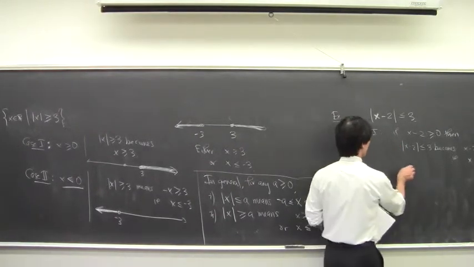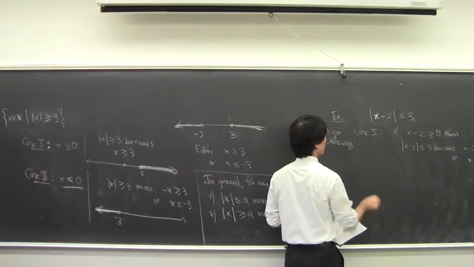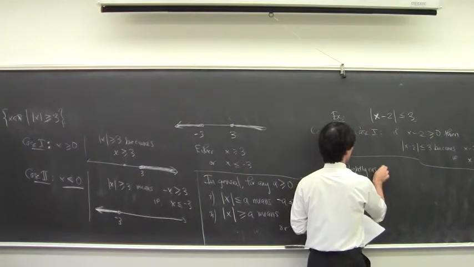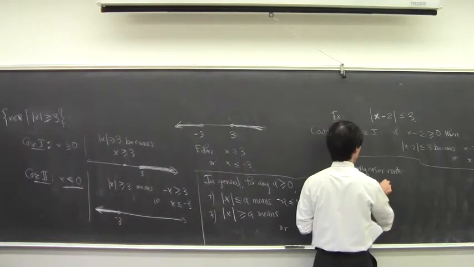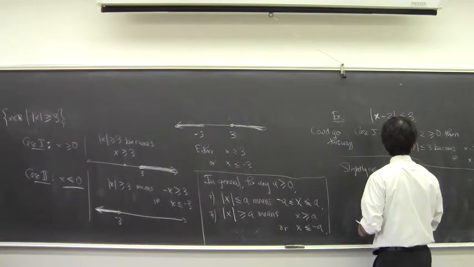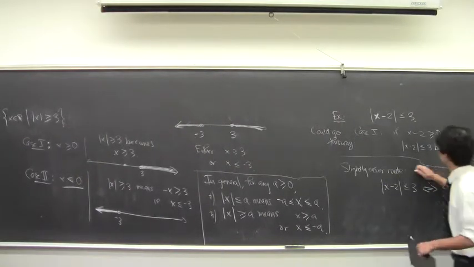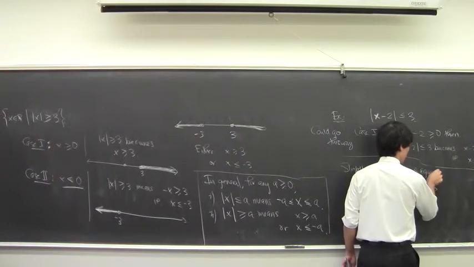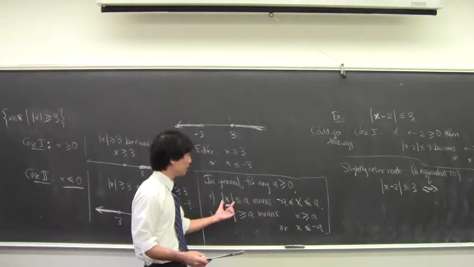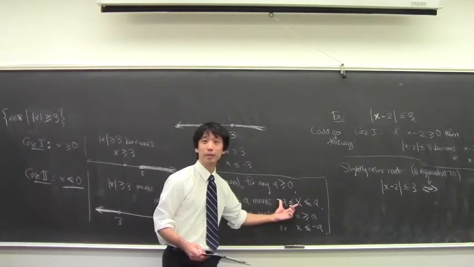Or you could go a slightly easier route, which would be to say, well, look, x minus 2 being less than or equal to 3 is equivalent to what we said over here: the absolute value of anything being less than something means that that thing lies between the negative and positive of that value, right?